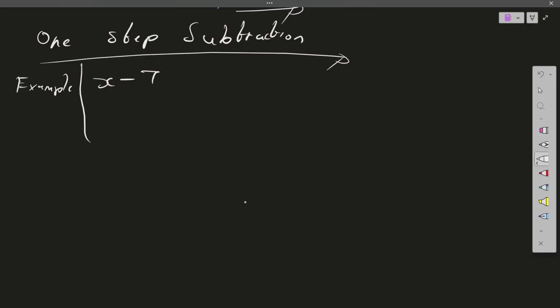So x minus 7 is equal to 10. If we are given an expression on the left hand side and an expression on the right hand side with an equal sign, that makes an equation. Remember that one, okay?